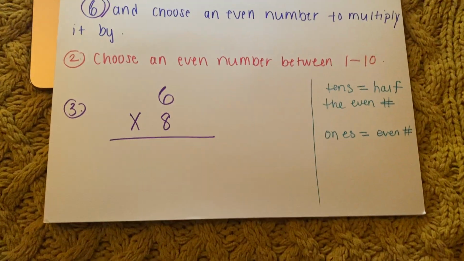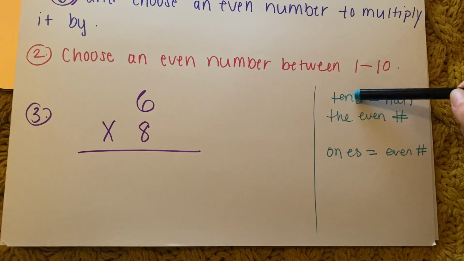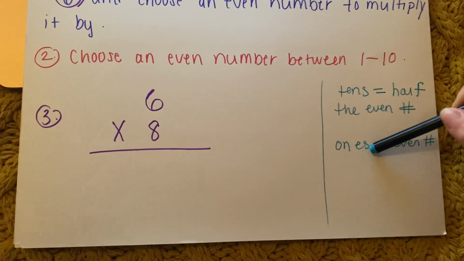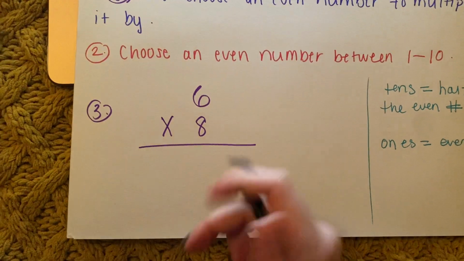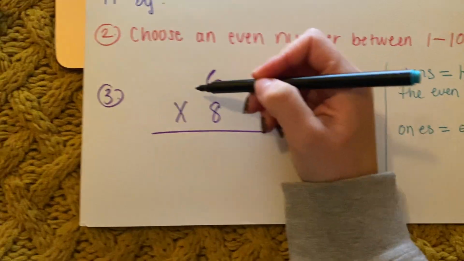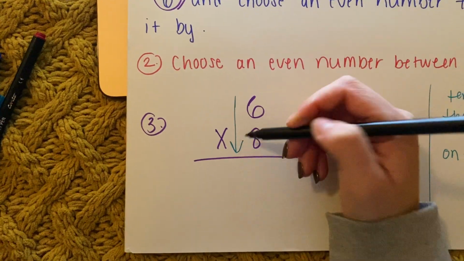Okay, so it's important that we distinguish what the tens place is and what the ones place is. When you look at it like this, I would explain to a third grader that even though there's nothing here, this is the tens place.